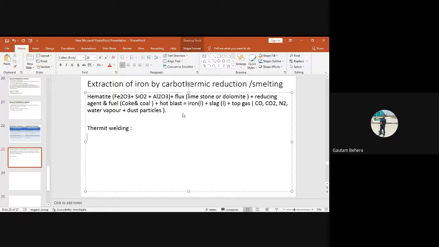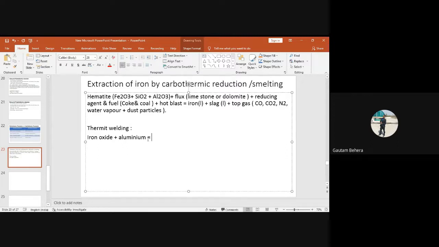So what can I write? I can write iron oxide, which may be the hematite Fe2O3, plus aluminium. Iron oxide will be in powder form, aluminium will be in powder form.